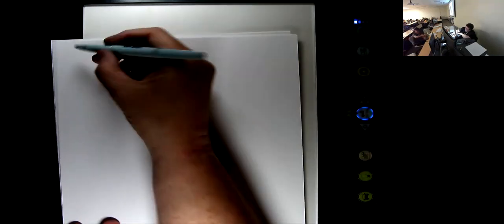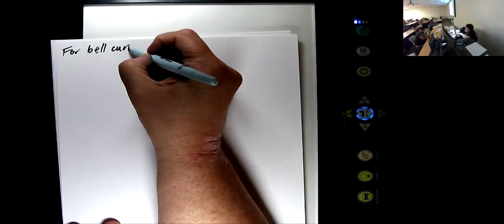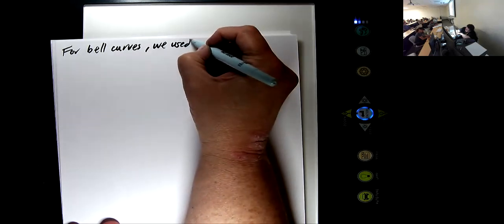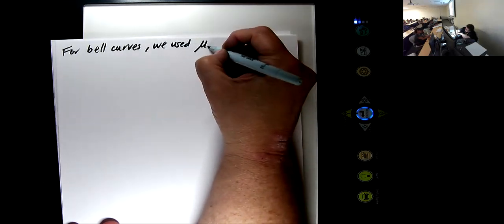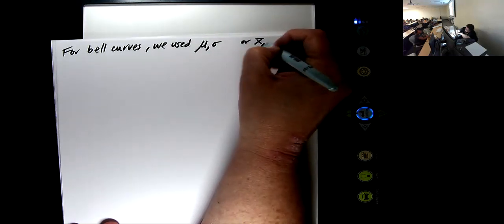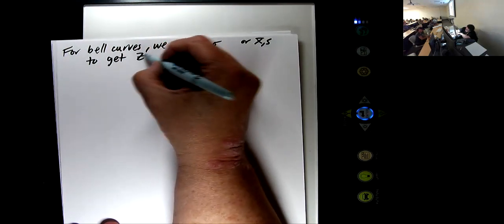All right, so for bell curves we used mu and sigma or X bar and S to get Z to measure position.